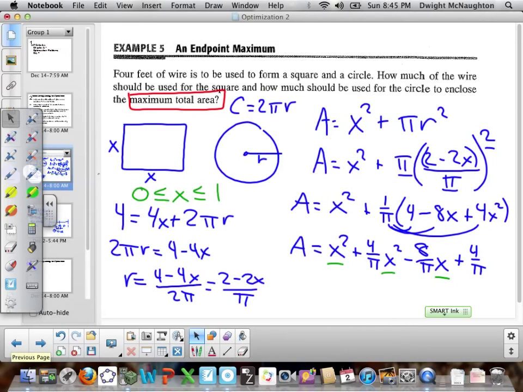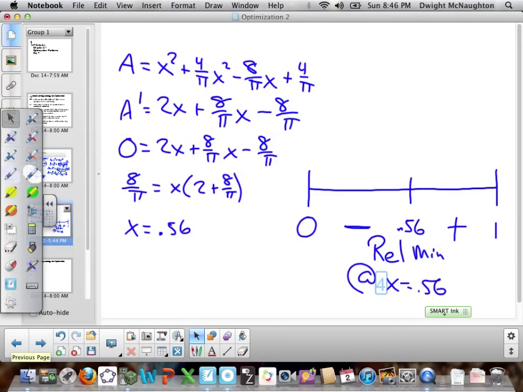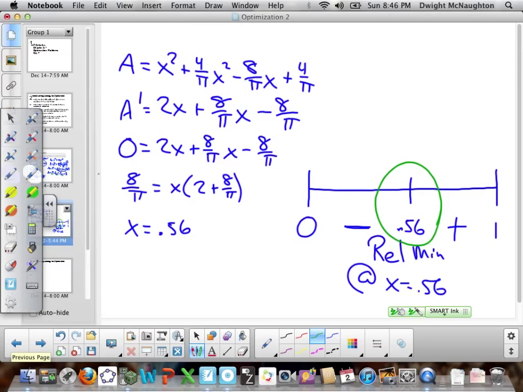I found a relative min. Well, it's asking for a relative max. So what do we do? Well, let's take a look. This critical number gives us a relative min. Well, here, this is a critical number, and that's a critical number. We're going to need to check those as well.